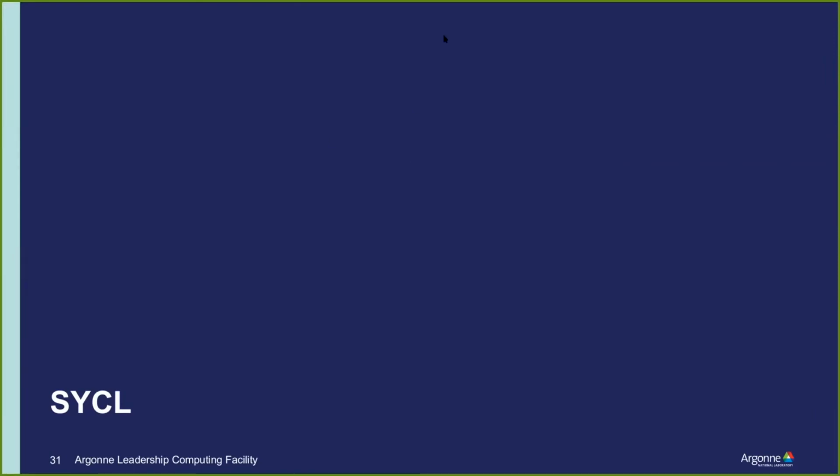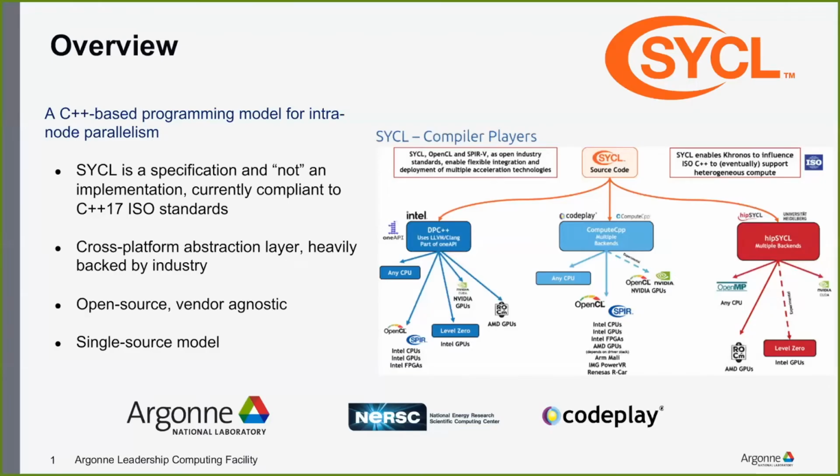Okay, thank you. So in this section, I'll talk about the SYCL programming model, and thanks to Brian for providing the introduction to the CUDA and portability programming models such as Kokkos and RAJA. SYCL is another programming model that is supported on Polaris.